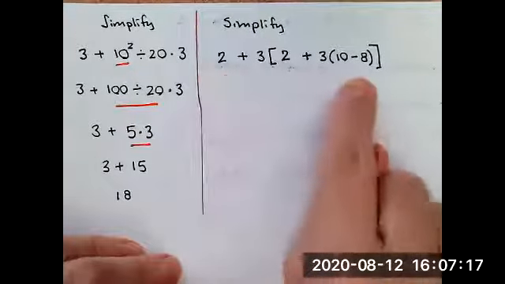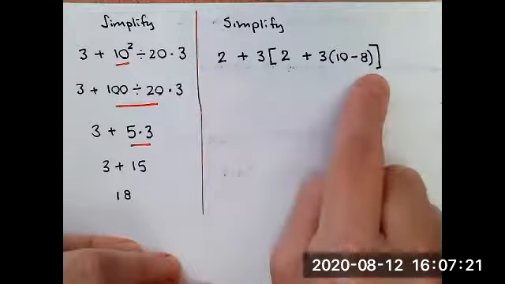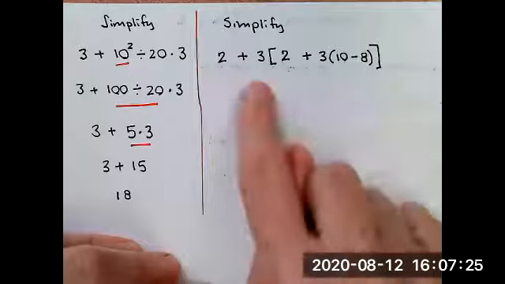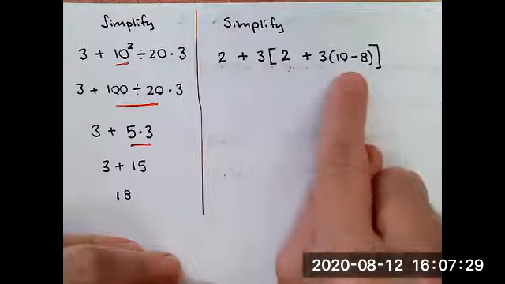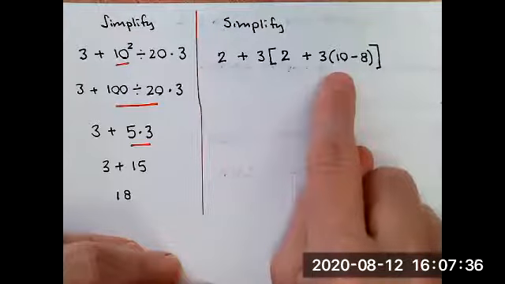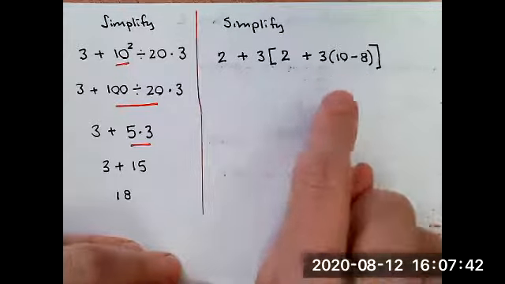Let's try another one. So remember, we do the parentheses first. What do you do if you have two sets of parentheses? Well, in this case, the parentheses are dependent because one set of parentheses is inside of the other set. When one set of the parentheses is inside of the other, you simplify that parentheses first.